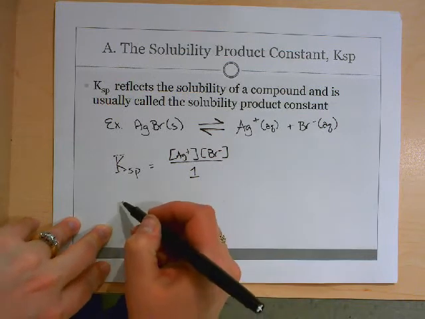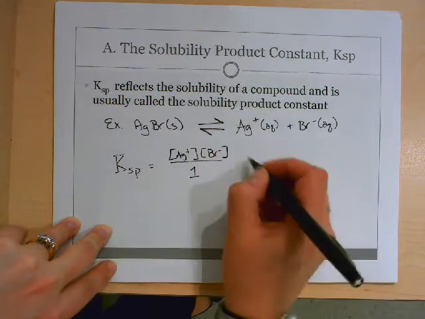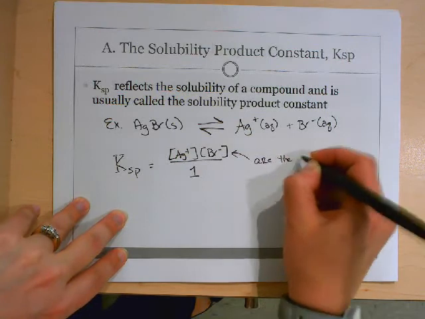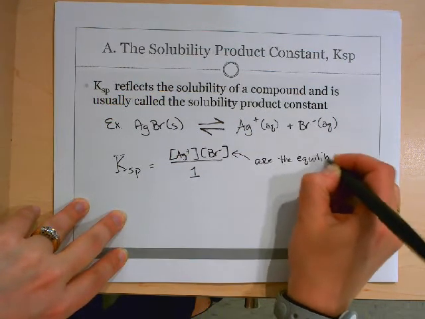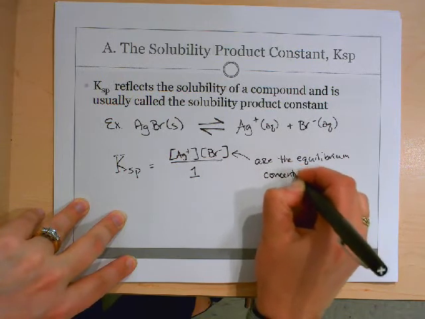Where am I in my reaction if I'm using the K? I'm at equilibrium, so these up here are the equilibrium concentrations.